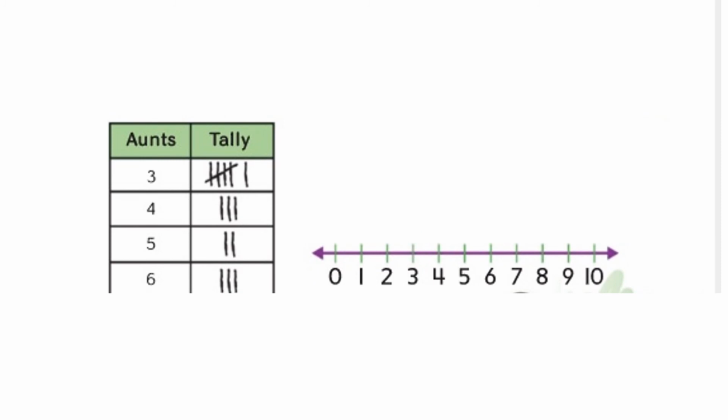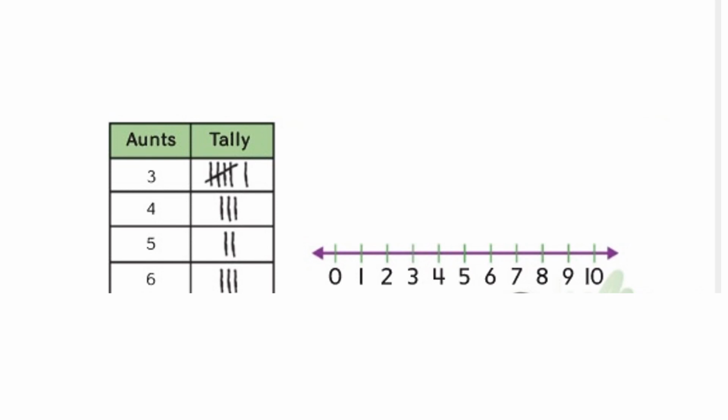Okay, and here's one more example. So we have a table here about how many ants people have. And how many people said they had 5 ants? Right, there were 2. How many people said they had 3 ants? There were 6.